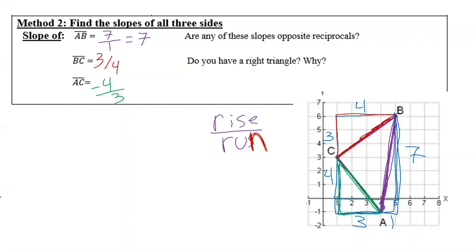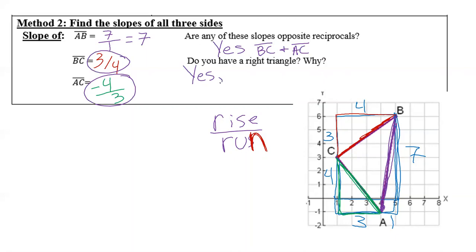However, now we need to write a few sentences. And yes, I expect you to write these sentences. Are any of these slopes opposite reciprocals? I want you to say yes, BC and AC. Positive 3 over 4 and negative 4 over 3 are opposite reciprocals. So do you have a right triangle and why? I want you to write the whole sentence.